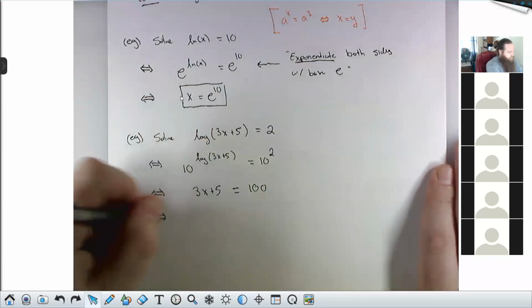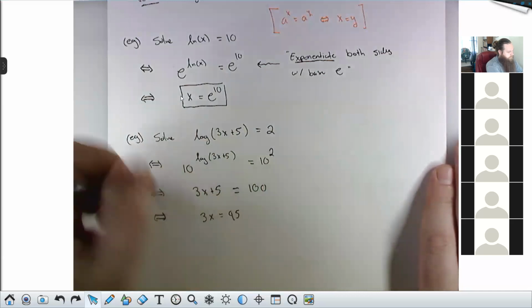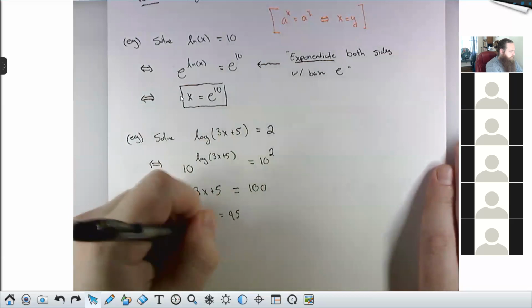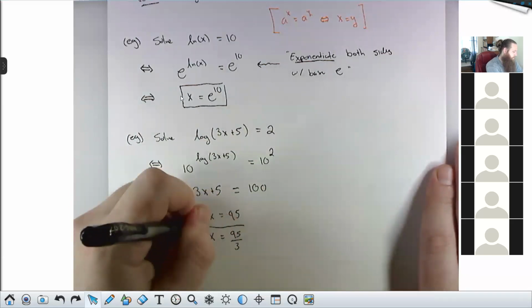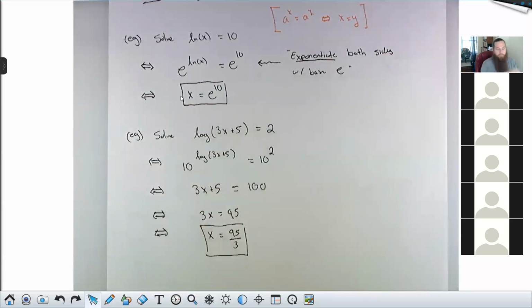Now we solve. So this means that 3x is equal to 95. 95 isn't divisible by 3, so x, I would write it as 95 thirds. Not so bad.